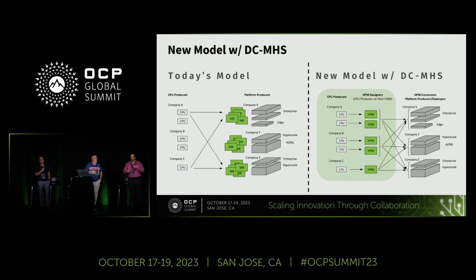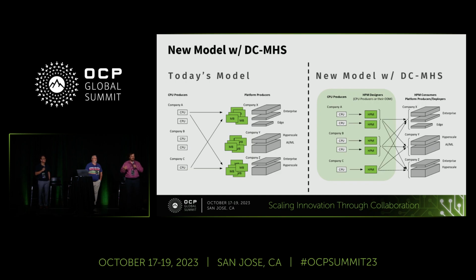This was inefficient. DC-MHS aims to solve this, or is solving it, in that we have standard motherboard form factors, host processor modules. We define the elements for going in and out of the HPM. We've defined a set of power supplies that cover a broad portion of the data center market.